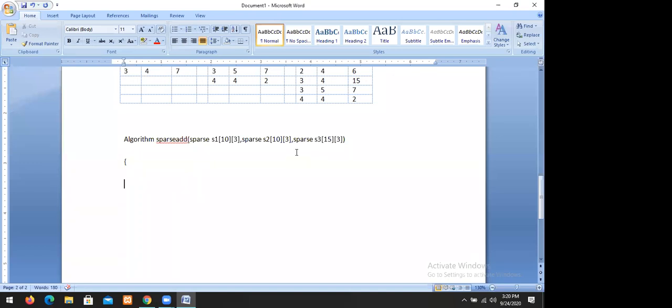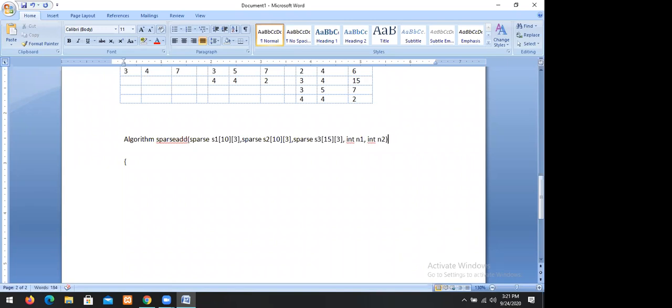Let us assume that the first matrix has n1 rows and the second matrix has n2 rows. So int n1, int n2, where n1 is the number of rows in the first matrix and n2 is the number of rows in the second matrix.